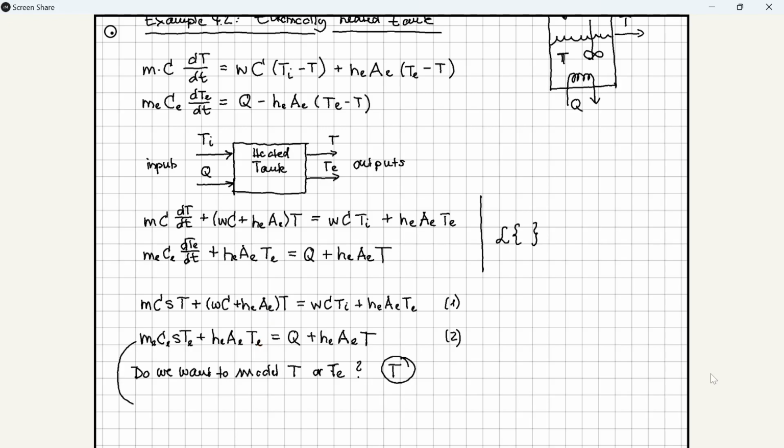So we're going to take equation number 2, and we get TE is equal to, let's write this differently, just do one step at a time.